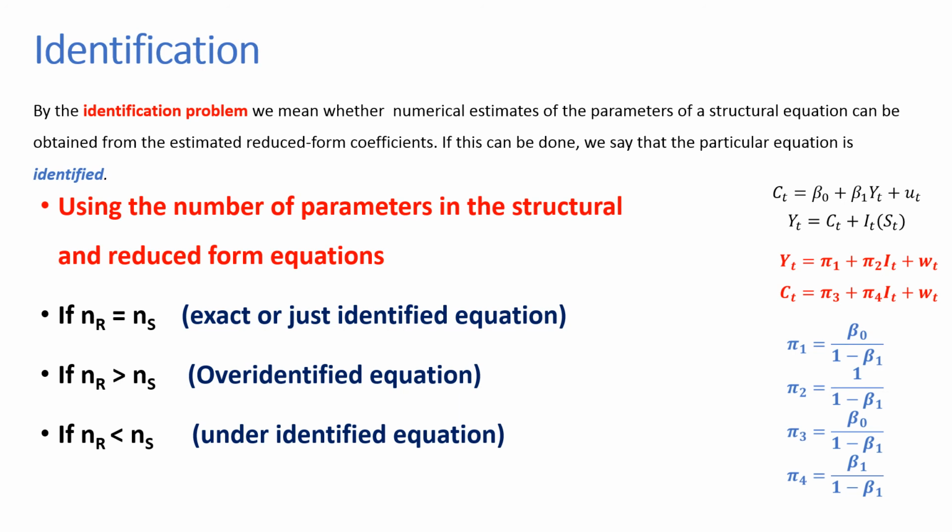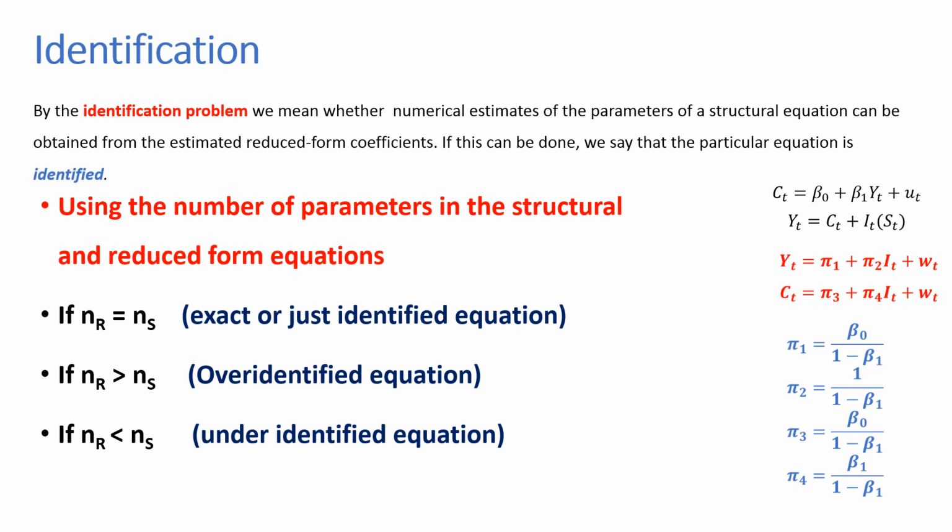But actually, in some situations, we cannot solve this. We cannot obtain the estimated values of the structural parameters from the estimated values of the reduced parameters, unless the equation is identified.